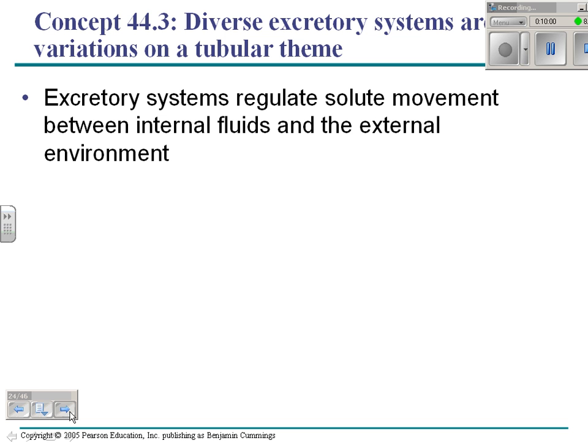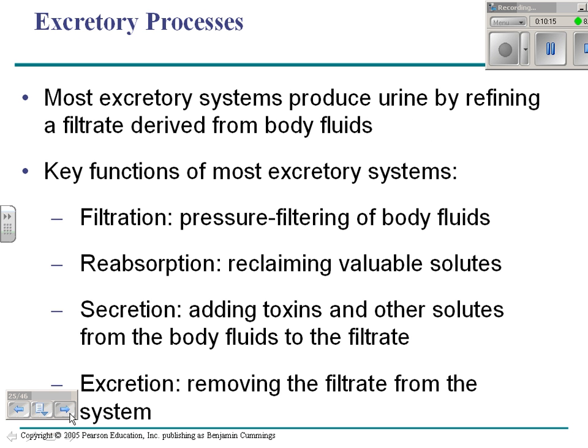So there are a few different kinds of excretory systems I'm going to just briefly talk about so you recognize the terms. But again, they regulate the movement of solutes between internal and external environment. There's 4 key characteristics of an excretory system. You have to be able to filter body fluids.